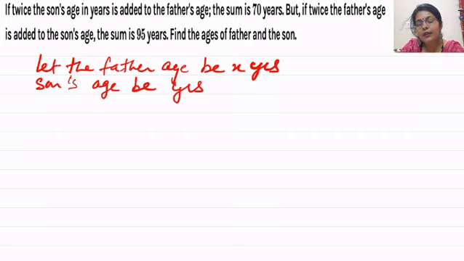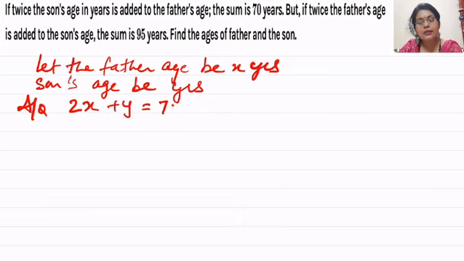And now it is telling twice the son's age. So twice the son's age, according to the question, 2y added to the father's age is 70 years.